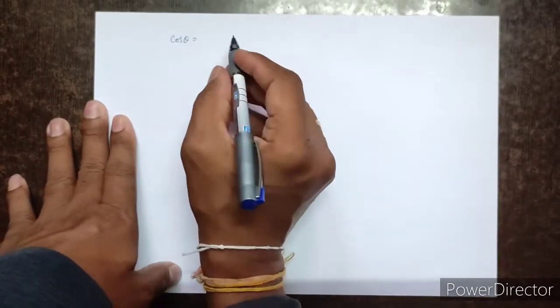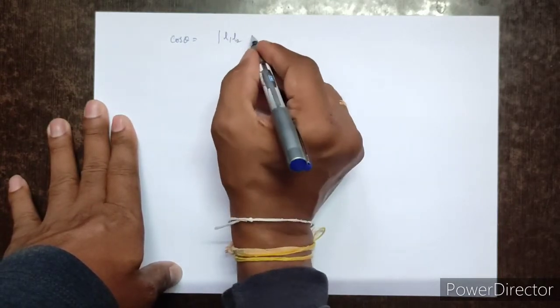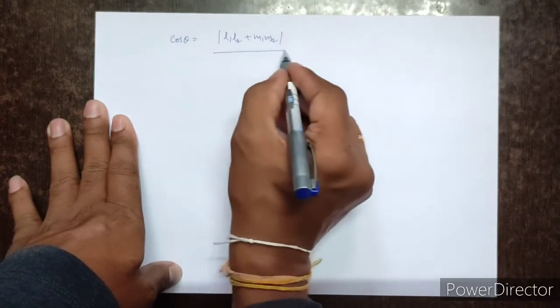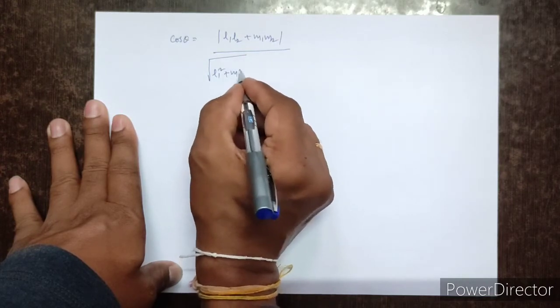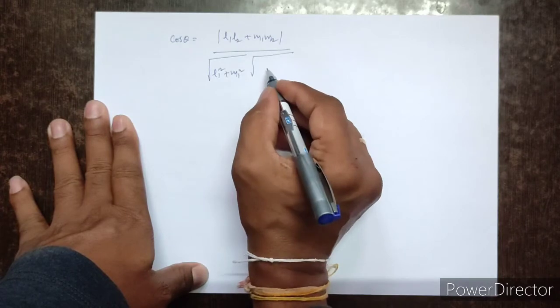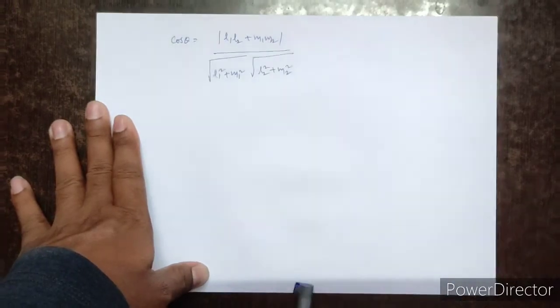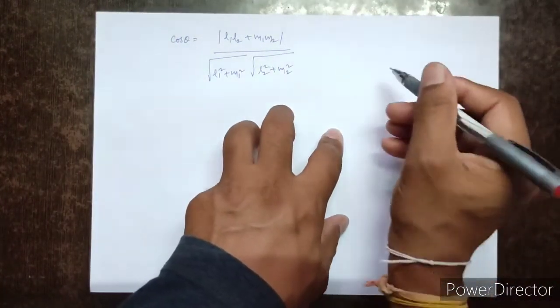So cos theta equal to L1 L2 plus m1 m2 by root of L1 square plus m1 square into root of L2 square plus m2 square.